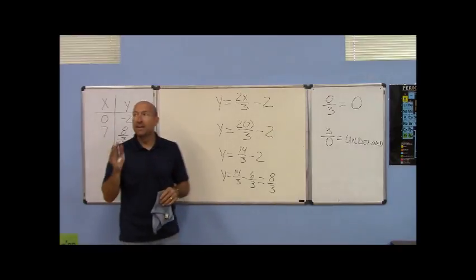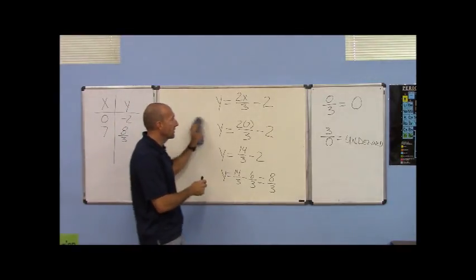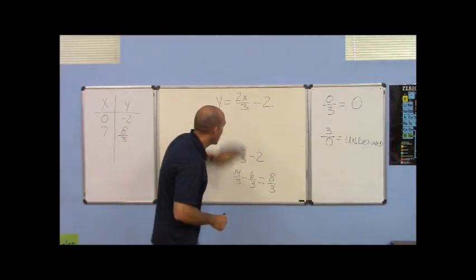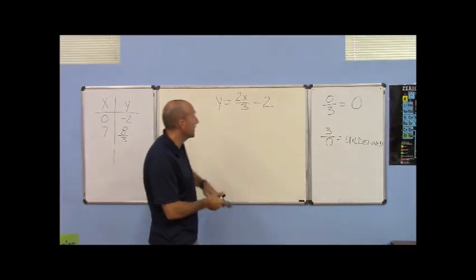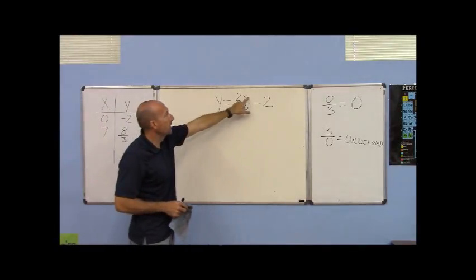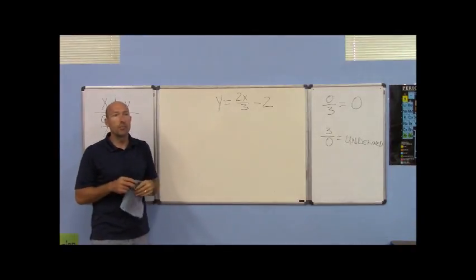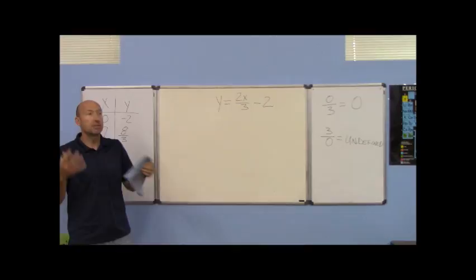Yes, you want to pick numbers that are multiples of 3. And we'll talk about why this is important. Since we get to choose whatever numbers we want, you want to pick a number that, when you simplify it, gets rid of that denominator completely, so that you don't have to mess with fractions anymore, because you get to pick them.